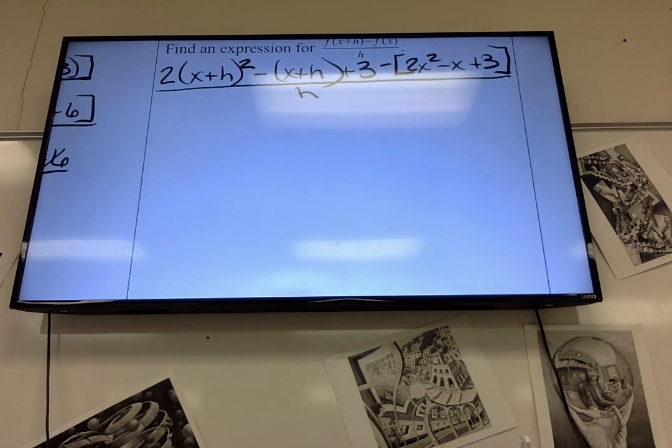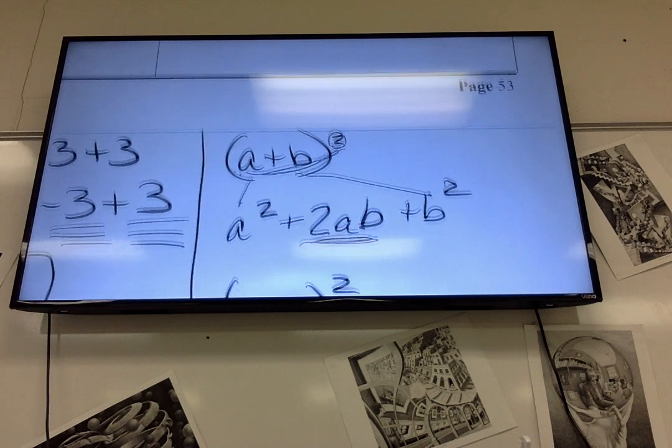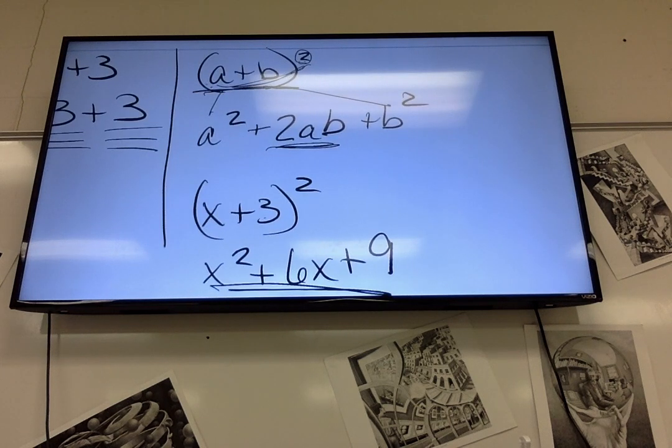So x plus h squared. I'm just going to bring down the 2. Square the first number. Multiply the little 2 times x times h, or if you had hx, same thing. And then square the last number. That's how you do x plus h times x plus h. That came from right here.